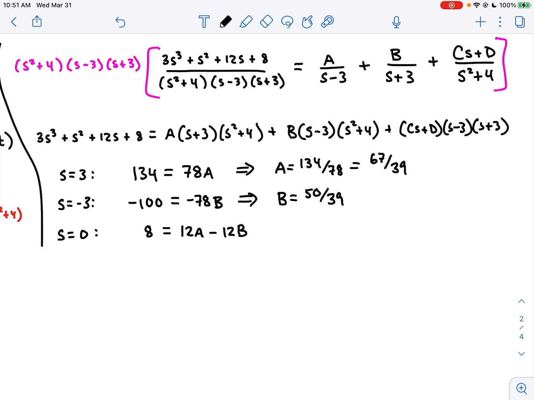Almost made 2 mistakes. And then plug in 0 for s over here. That's going to cancel the c. Leave the d. This is going to be a negative 9 right here times this d. So net minus 9d. Now, we know what a and b are.